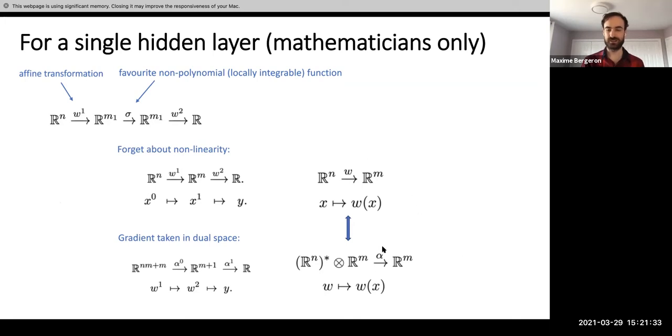So we're using this one-to-one map between homomorphisms from Rn to Rm, identifying that with the tensor product of the dual, and basically shifting coordinates. So we view the map in its own coordinates as the input, and here alpha 0 and alpha 1 are evaluation at x0 and evaluation at x1. And this is where the gradient is really happening. Somehow they don't say it like this in deep learning, but that's what's going on.